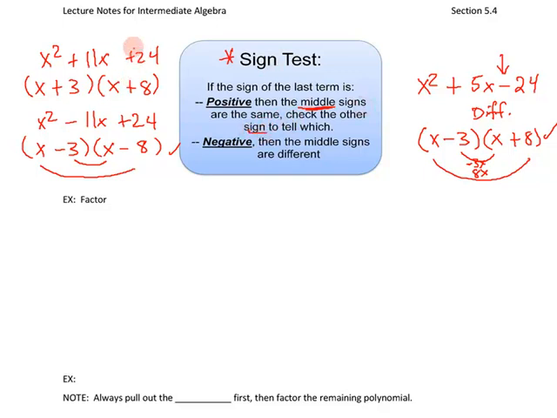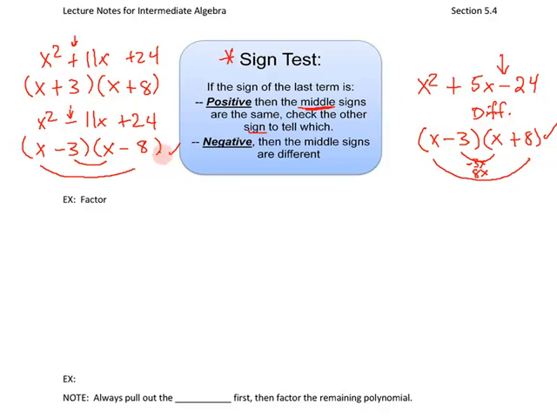When you're factoring, if this is positive, you know they're either both plus or both minus, and the way you tell which one it is is by looking at the other sign. If the last term is negative, then the middle signs have to be different. Now, how do you know which one's which? Well, you try it. If you get the wrong answer, you switch them. So you've actually still got to do a trial and error there, but you know that they're different.